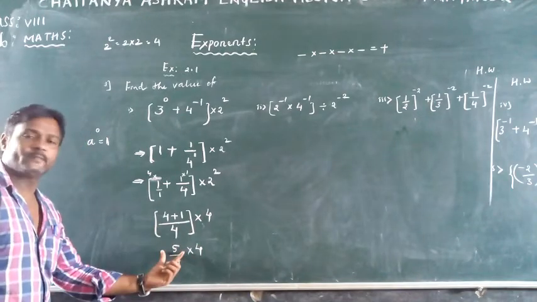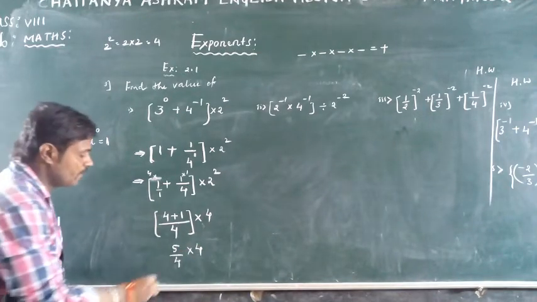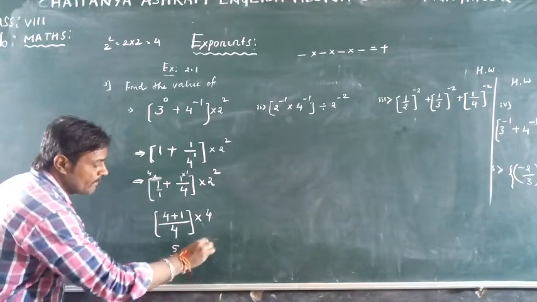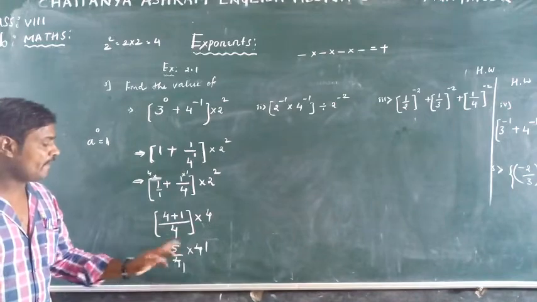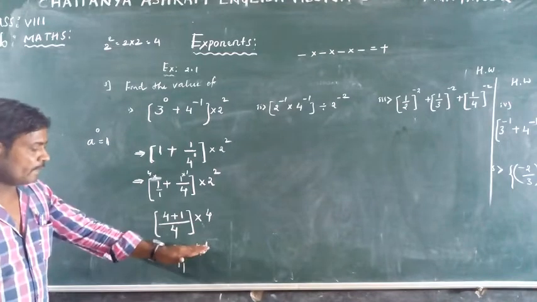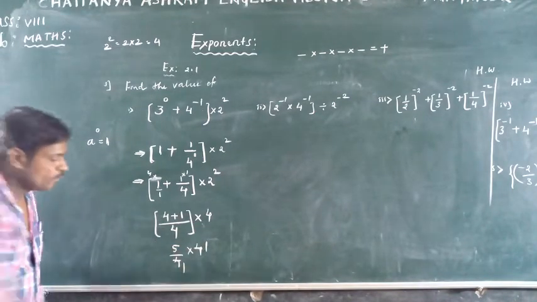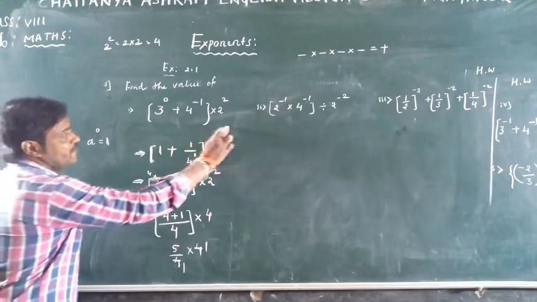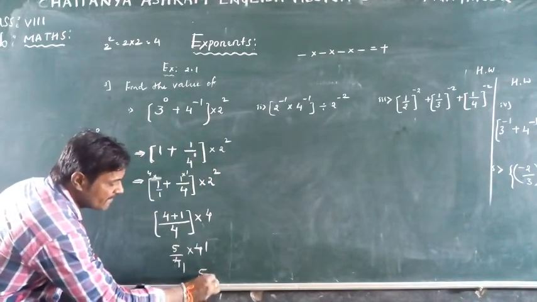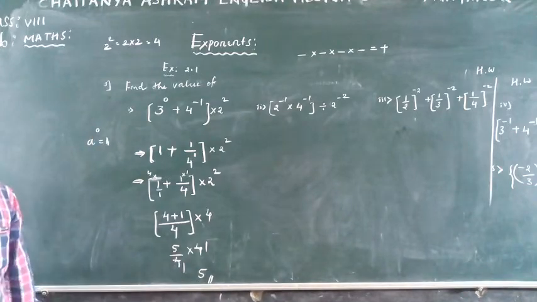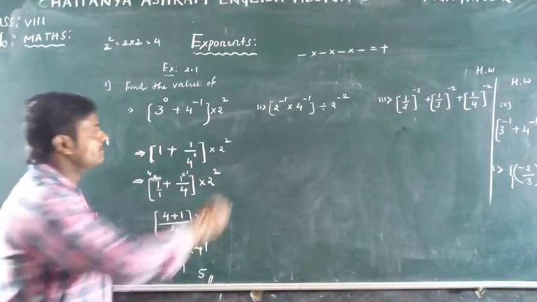Clear? Then 4 ones are 4, 4 ones are 4, gets cancelled. So what remains? 5 into 1 is 5. 5 divided by 1 is 5. So the value of this sum is 5. What is the answer? 5. Clear? See the second one.